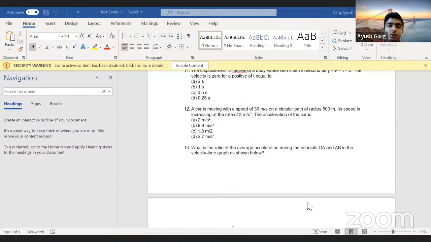We are talking about circular motion now, and you know that the speed of the car is 30 meters per second. If this is the circle, at a particular point your speed is tangential, right? It keeps changing at every point, and at one particular point it's tangential. It's 30 meters per second.